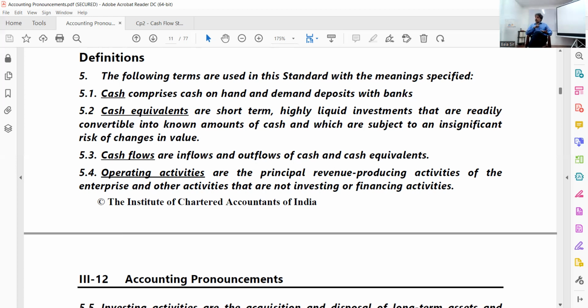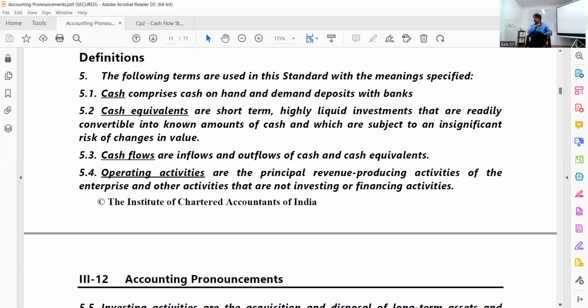So remember, purchase of property, plant, and equipment is an example. And then disposal of property, plant, and equipment is another example of investing activity. Wait. Then, what else you think of? Purchase of long-term investments, that is investments other than cash equivalents.